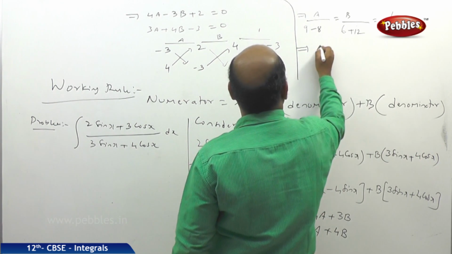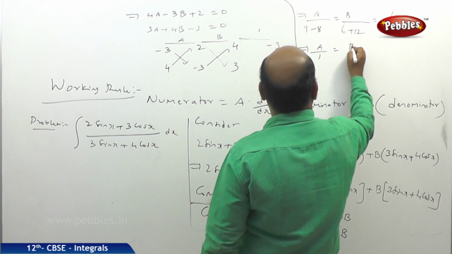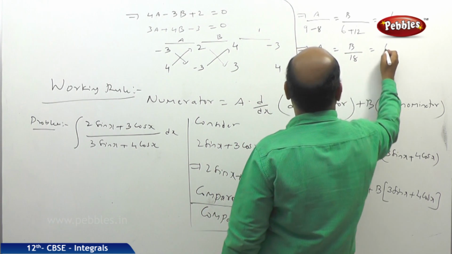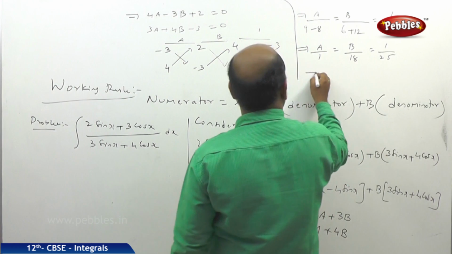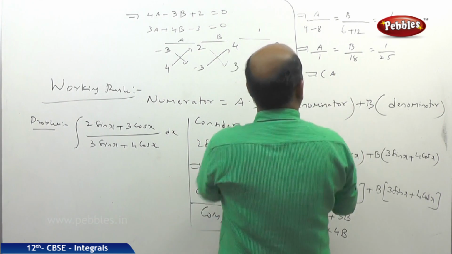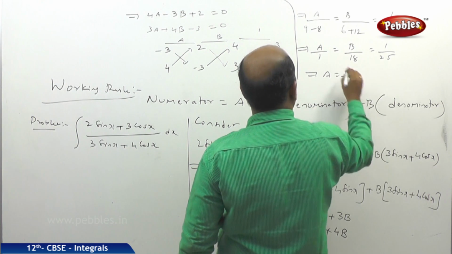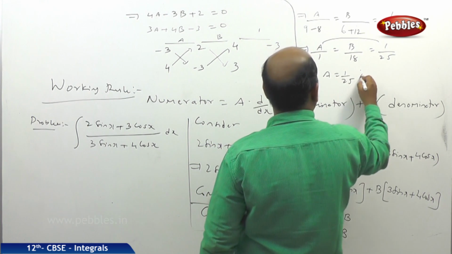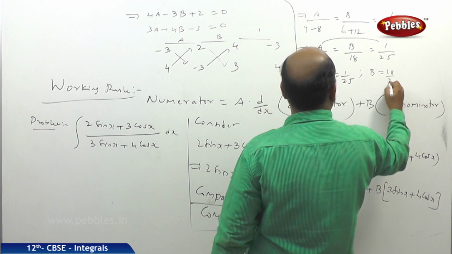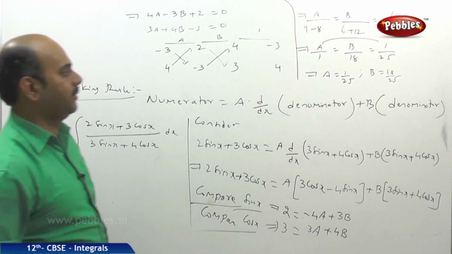So finally I will get a by 1 is equal to b by 18 is equal to 1 by 25. So finally I got a value as 1 by 25, and b value as 18 by 25, right?